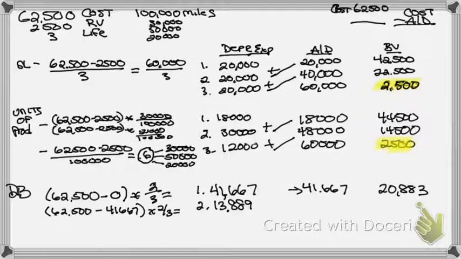You take the 13,889 and you have to add it to the 41,667, and you get 55,556.